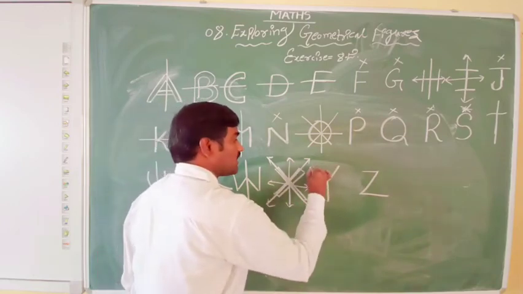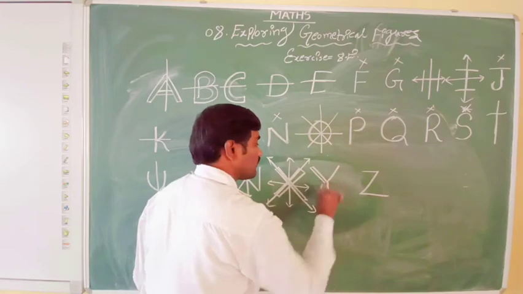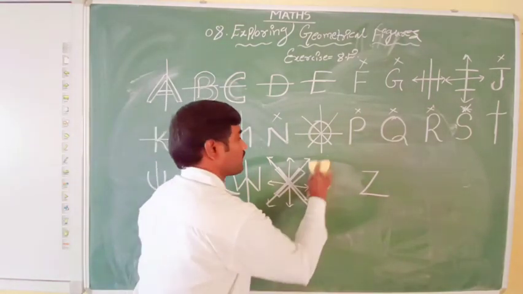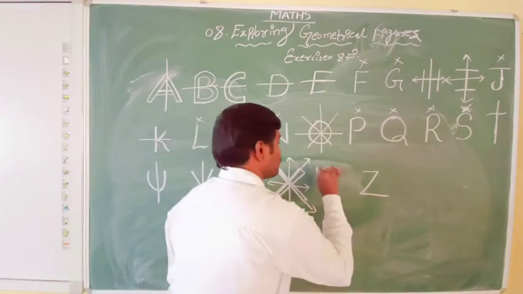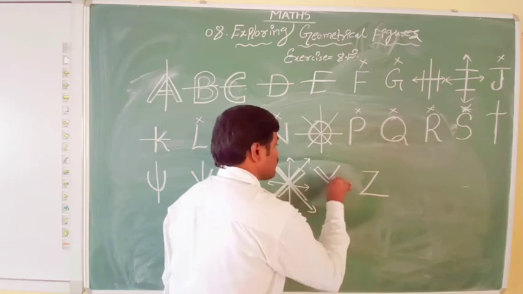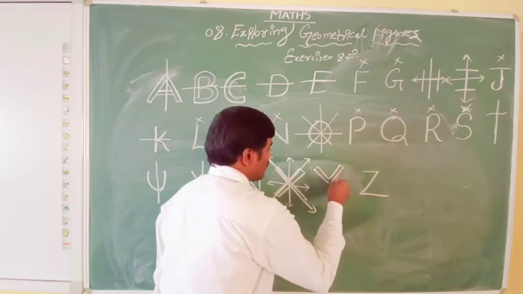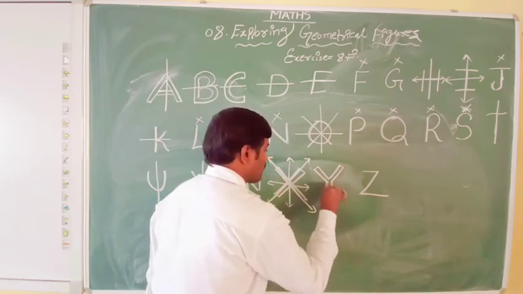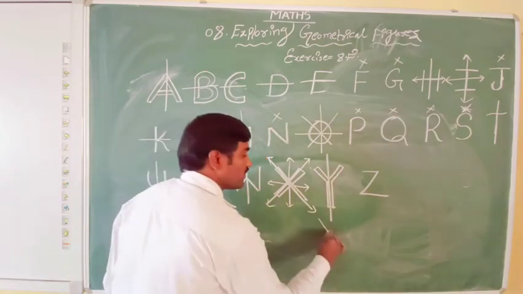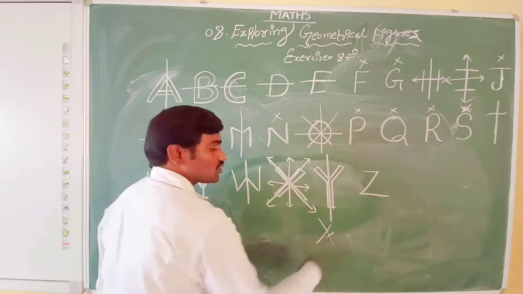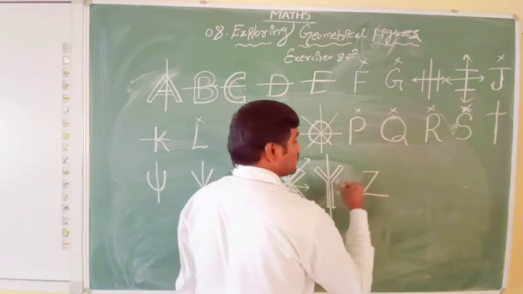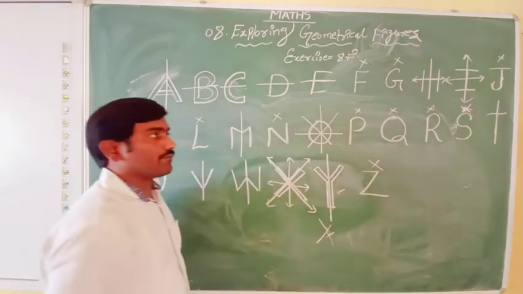And Y should be drawn like this. Y has one axis of symmetry. Some people draw the Y differently and then show that it has no axis of symmetry, but that is wrong. Y has one axis of symmetry, and Z has no axis of symmetry.